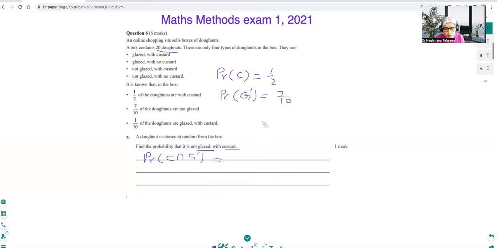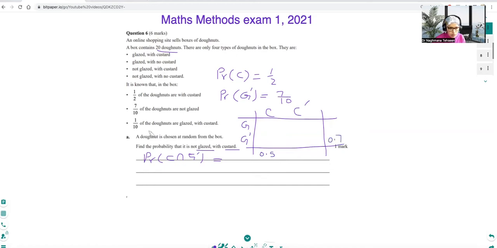But what we can do is make a quick two-way table that will help. C and C dash, G and not G. The probability of custard is a half, which is 0.5, and not glazed is 0.7.